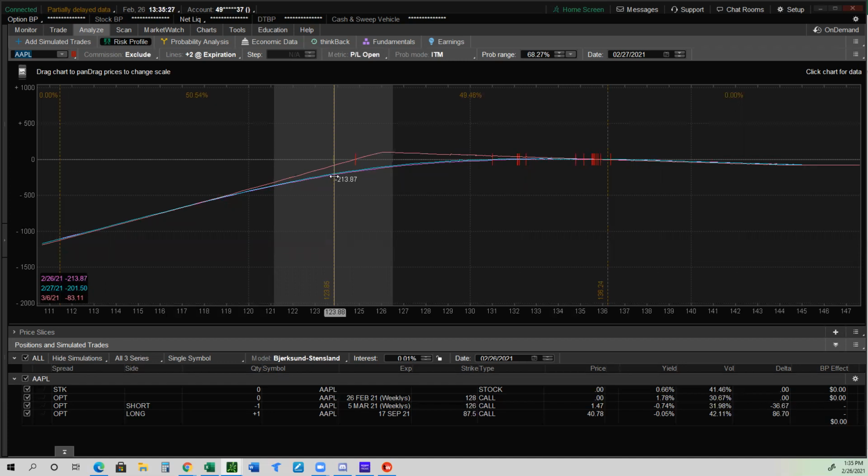Now, if it goes into the money, you need to decide how you want to do it, because again, this is a short-term play, so I am going to pay attention to random walk. Do I want to stay slightly in the money because there's more premium, expecting it to go up?